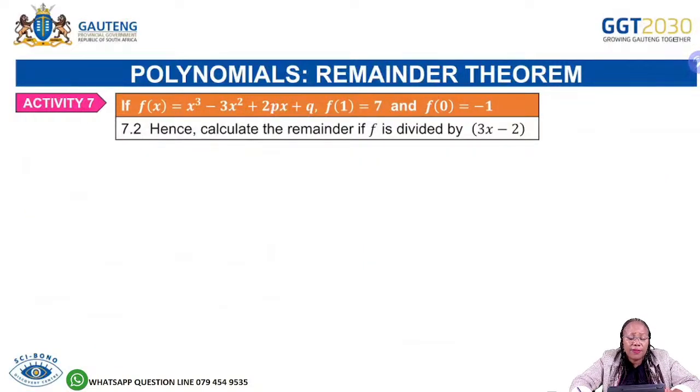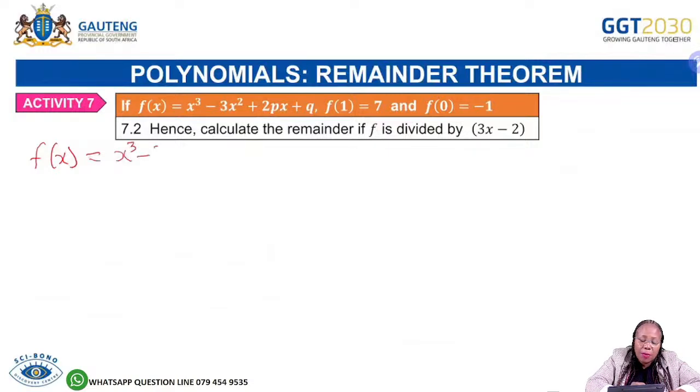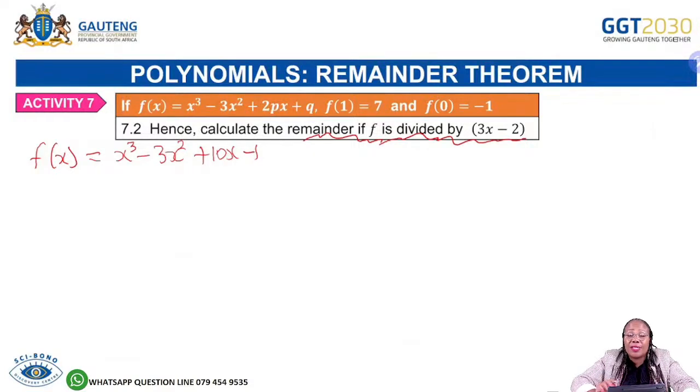We are still on f at x with the same expression that we identified in our previous question, that after calculating the value of p and q, it will be x cubed minus 3x squared plus 10x minus 1. Now, the next question says, hence calculate the remainder if this expression is divided by 3x minus 2.